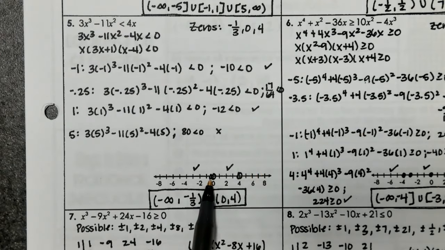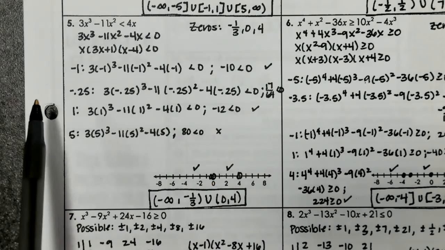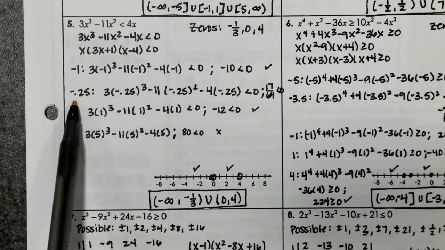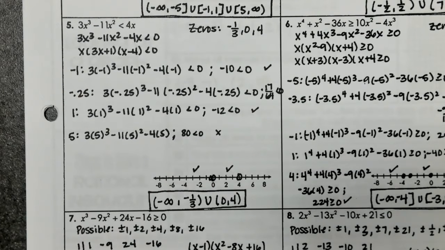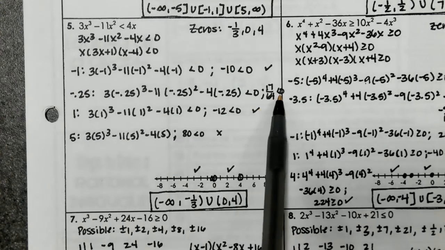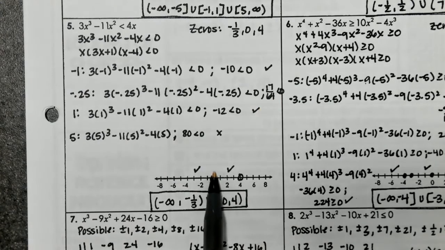So it has to be in between -1/3 and 0. We have to have something in between these two. So -0.5, -0.25 works. And here we get 17/64 is less than 0, which is not true, so it doesn't work here.